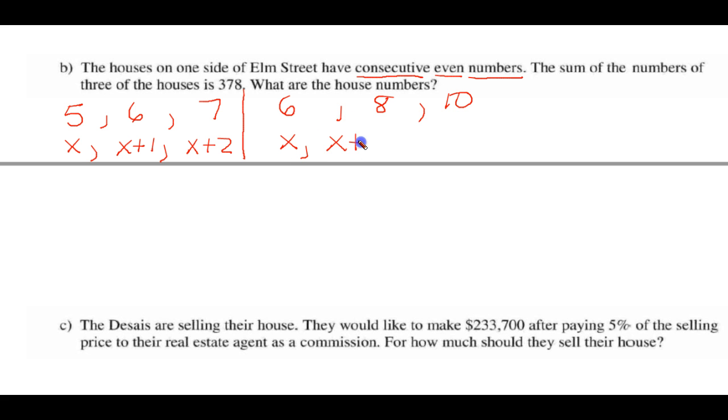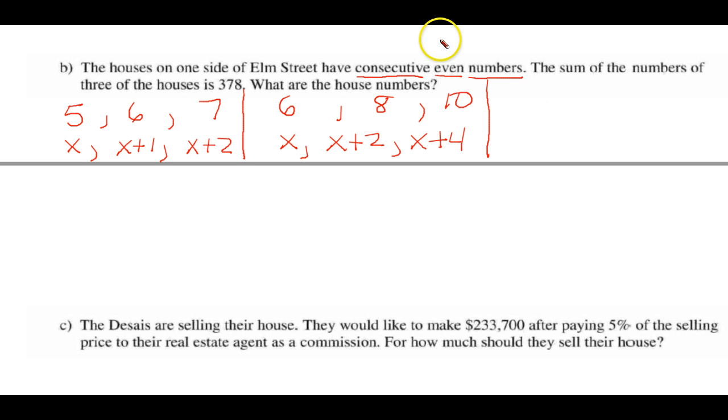X plus 2. And how do I write 10? X plus 4. So these are consecutive even integers. These are the ones we're going to use when we set up the equation, but we're still doing background information.